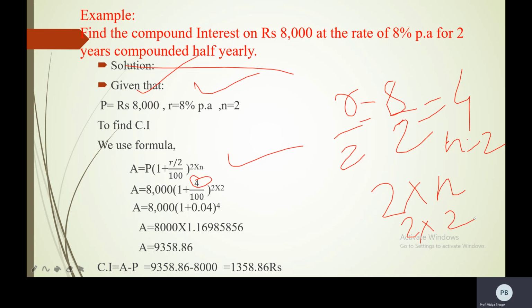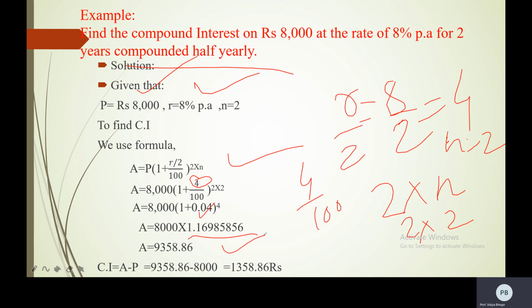Then A is equal to 8000 in bracket 1 plus 4 divided by 100 raised to 4. If we divide 4 by 100 we get 0.04, and if we add 1 to that term we get 1.04. Then we have to calculate 1.04 raised to 4, multiplying the term 1.04 four times. We get 1.16985856, multiplied by 8000, the principal amount.